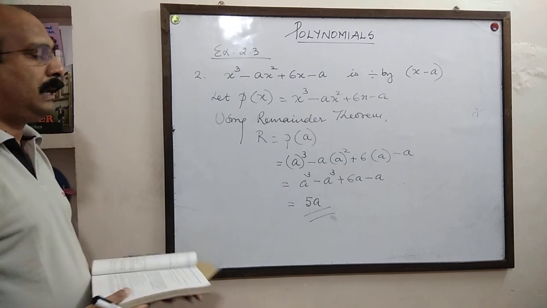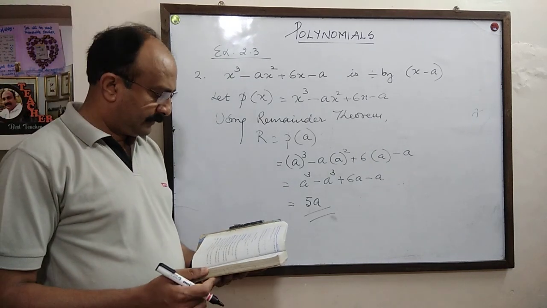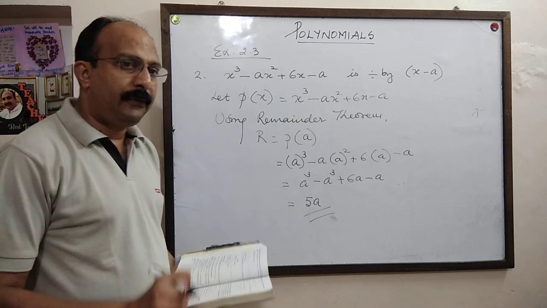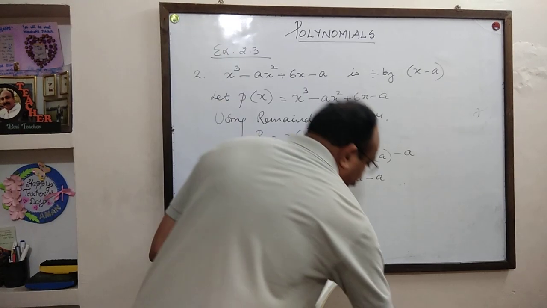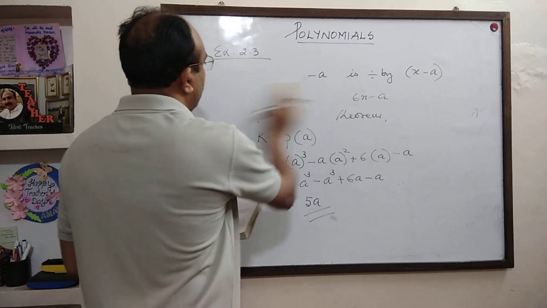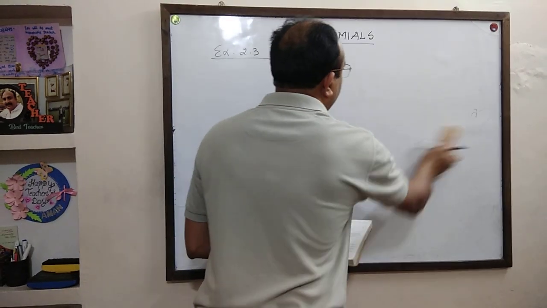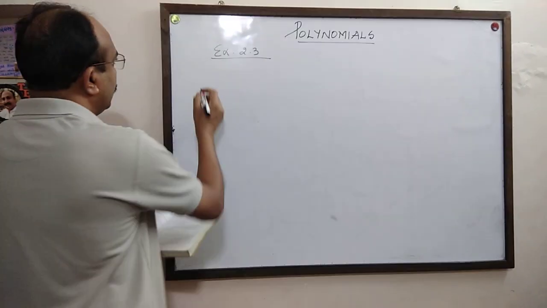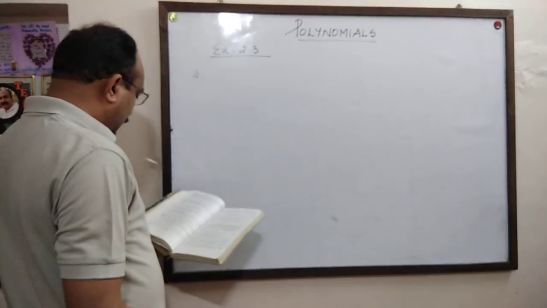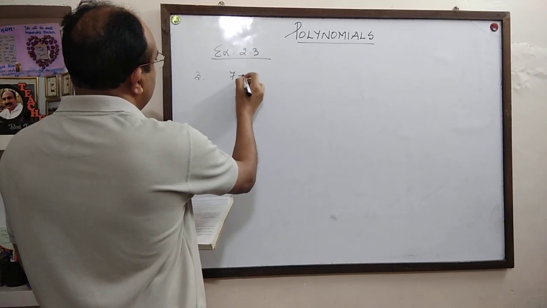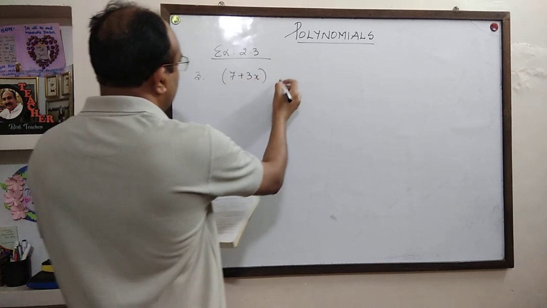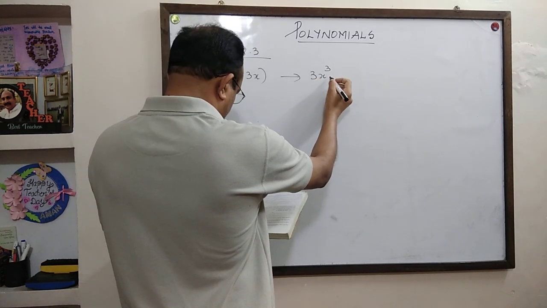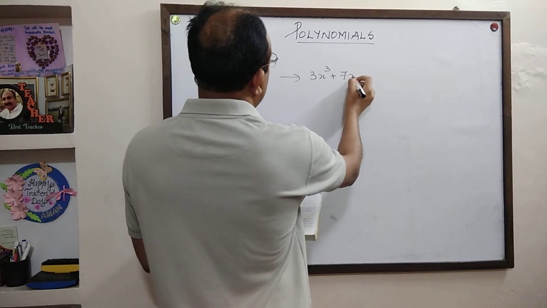Now question number 3. Question number 3, check whether 7 plus 3x is a factor of a given polynomial, 3x cube plus 7x.